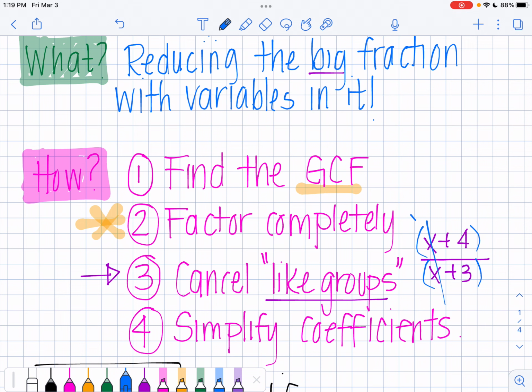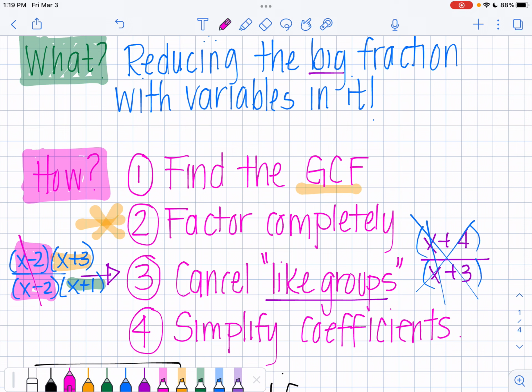You can only cancel things, I'll write it up here, if I had x minus 2 times x plus 3, and on the bottom I had x minus 2 and x plus 1. So here, these are both x minus 2, and they're multiplied by these other groups right here, x plus 3 and x plus 1.